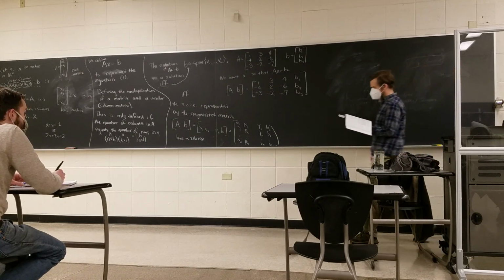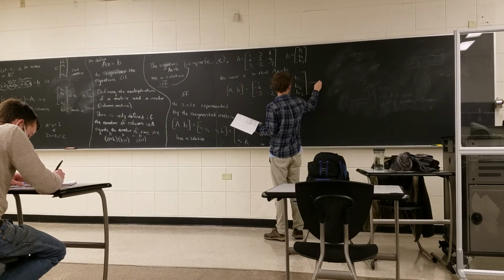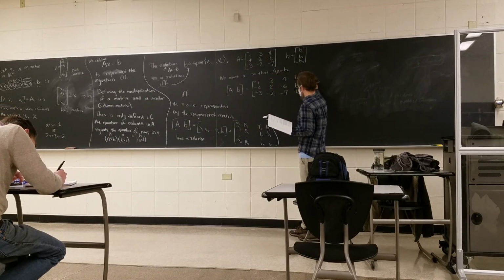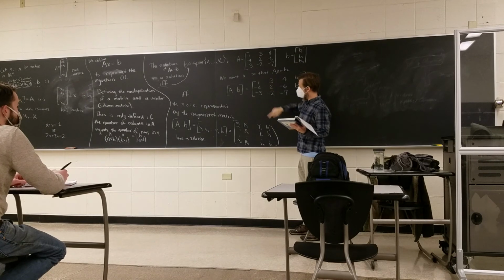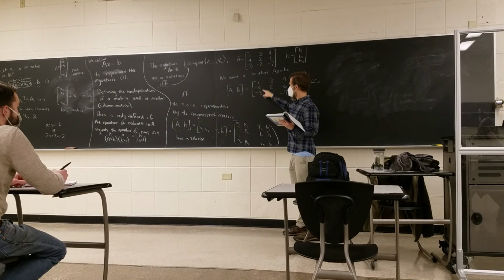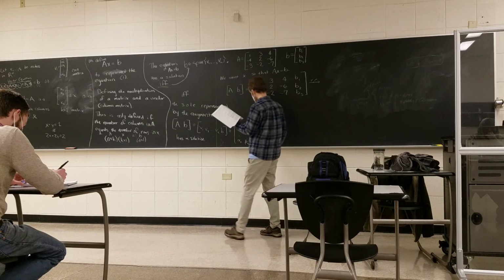I'm going to do a replacement and another replacement to get rid of the entries in this row. What do I get?